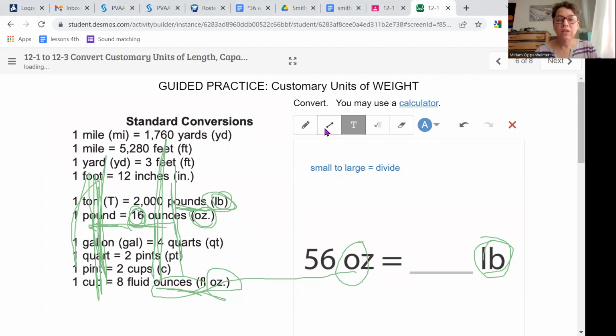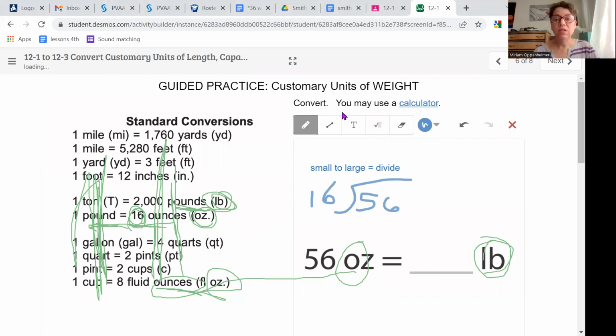So what should we do? We're going to say 56 divided by what number? 16. 56 divided by 16 because it's 16 ounces in 1 pound.